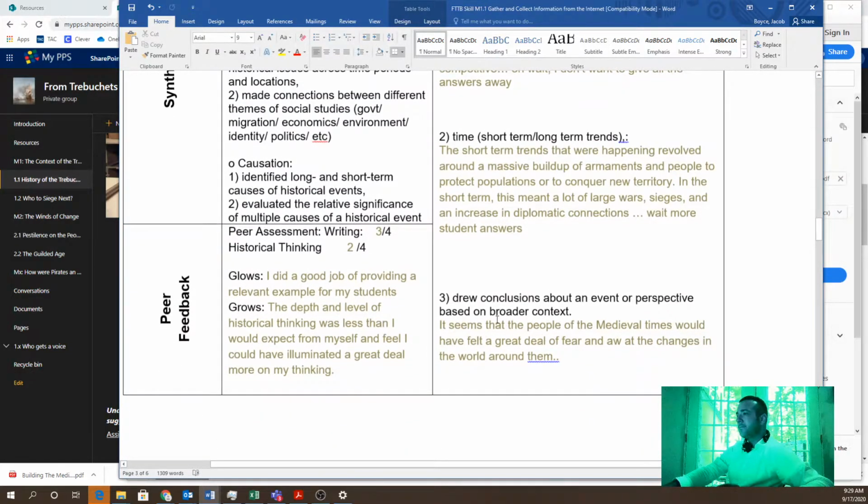And then finally, drawing conclusions about the event or perspective based on the broader context. And so this part here is where you get to speak for yourself as a historian. You draw your own conclusions, and this is more an opinion that is based in fact.